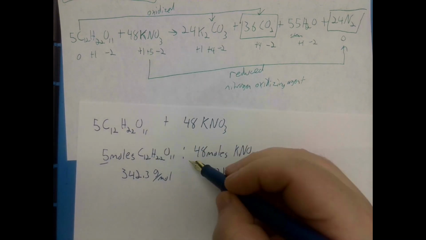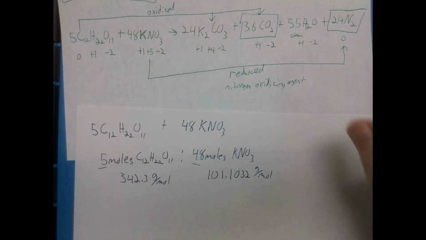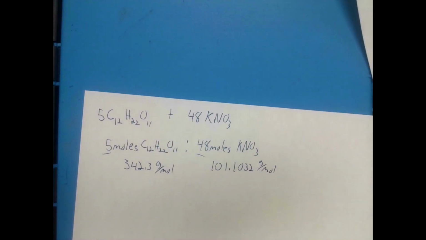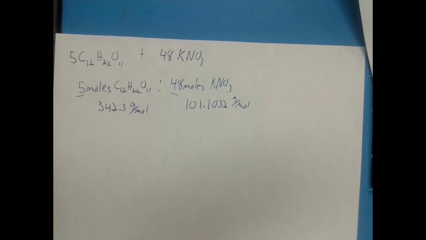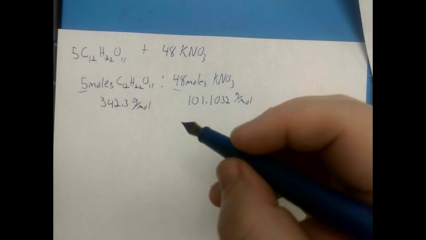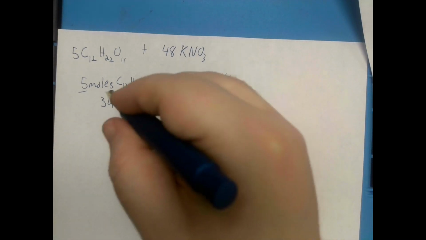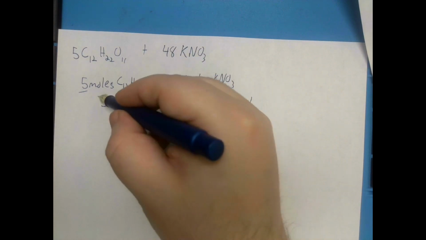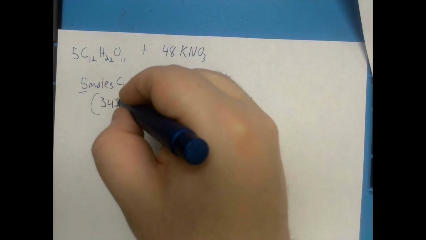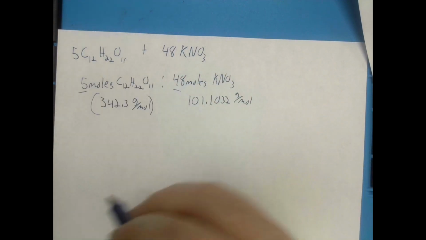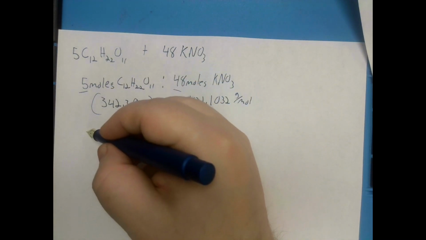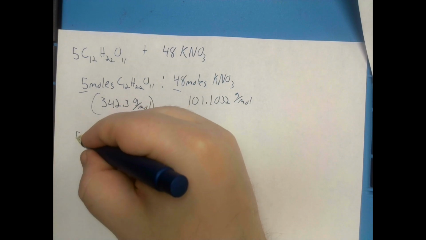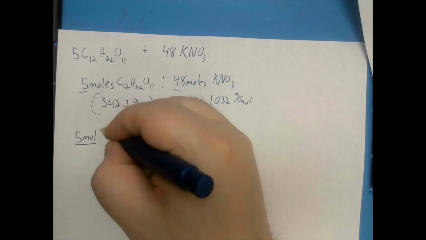But this is not a 1-to-1 ratio. Even though I know this has a grams per mole, I need 5 moles of this. So to get this into a ratio of grams to grams, I simply multiply by 5 moles.